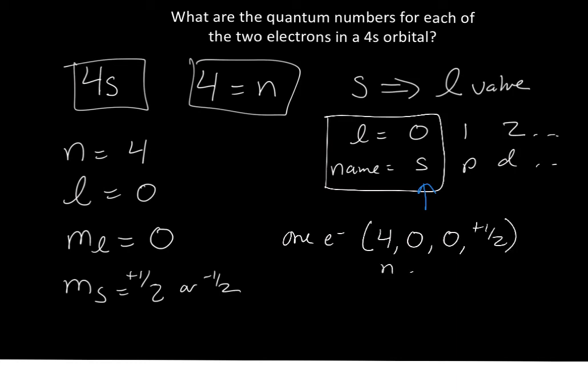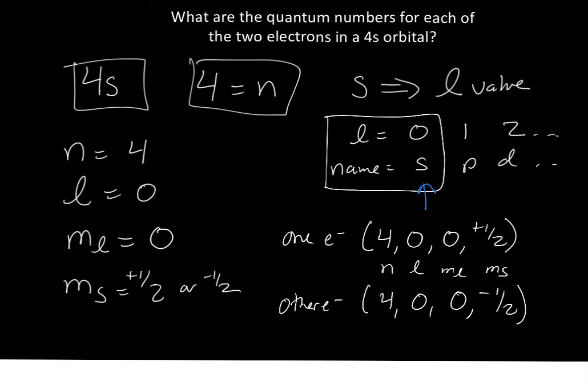So that's the n, L, m sub L, and the m sub s value. And the other electron will have the quantum numbers 4, 0, 0, and then this one will be slightly different. It'll be minus 1/2.